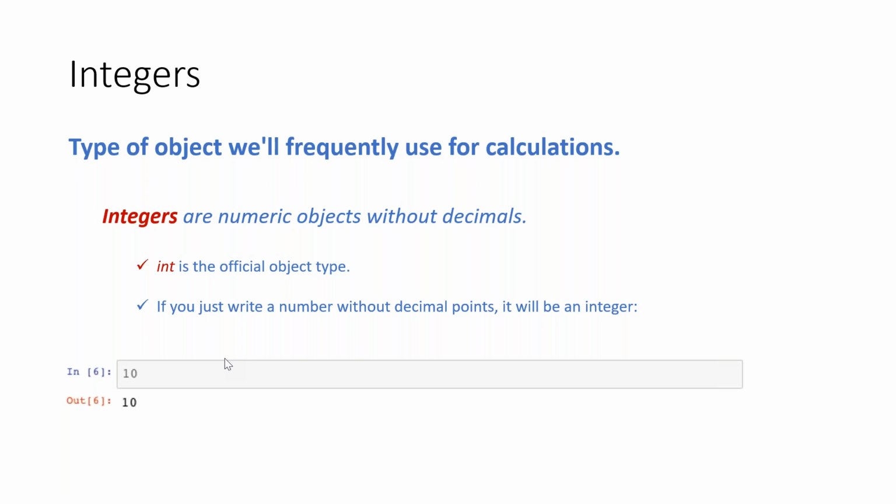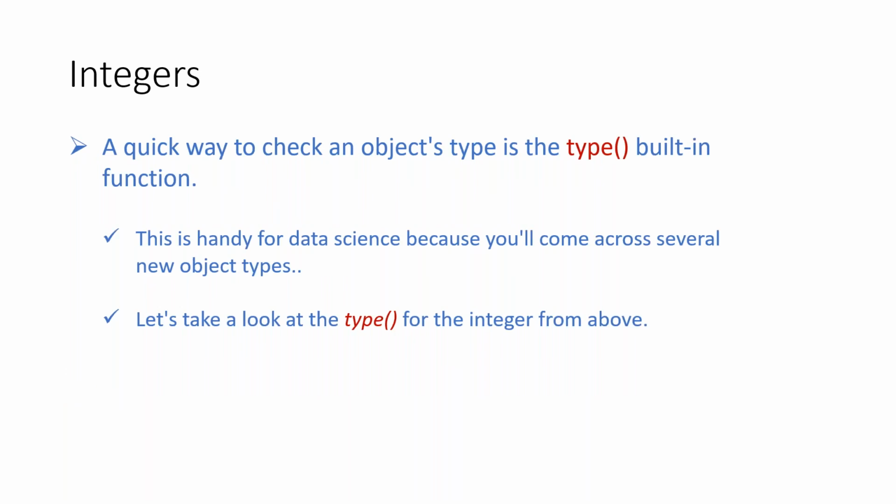Now I want a quick way to check an object's type using the type method. Okay, it's a built-in function, type, and you put 10 within the parentheses, then it will tell you 10 belongs to this type of object. That is the type function.